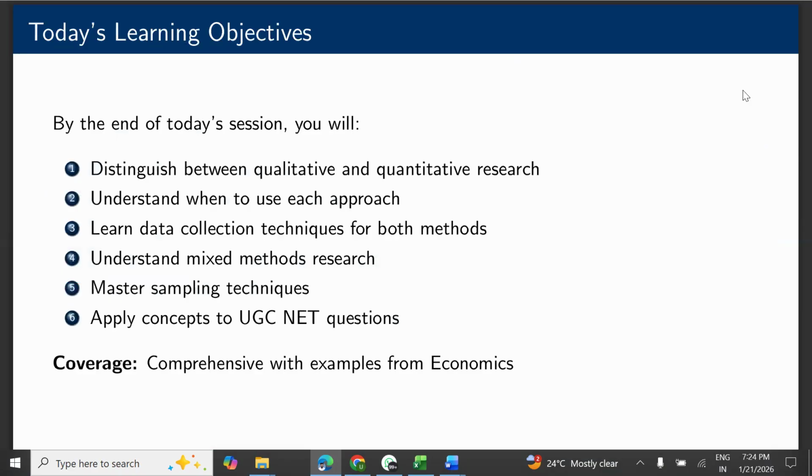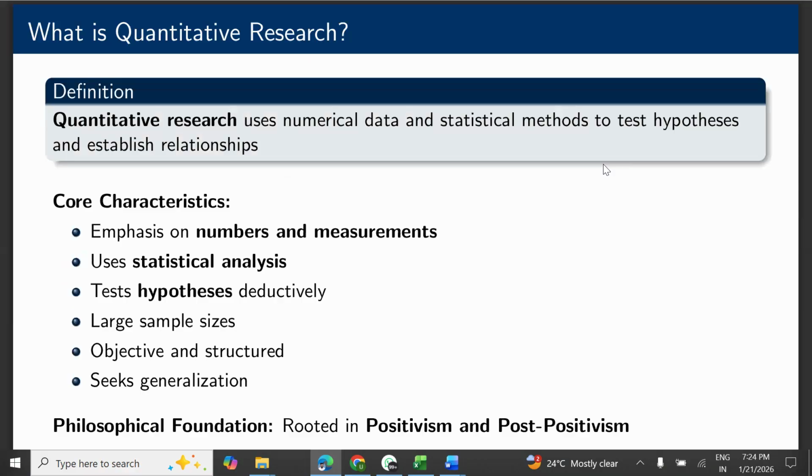So after today's session, you will be able to distinguish between qualitative and quantitative research, understand when to use each approach, learn the data collection techniques for both methods, understand mixed methods research, master sampling techniques, and you will be applying all these concepts to solve the UGC NET questions for paper 1. And also we will be having many examples from economics.